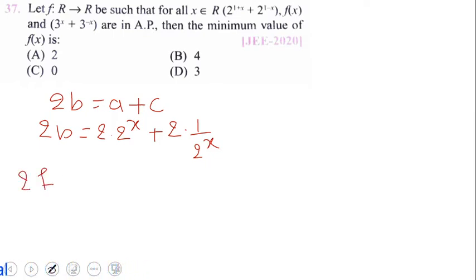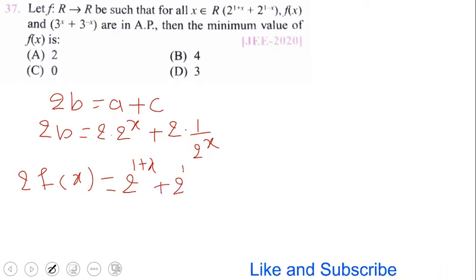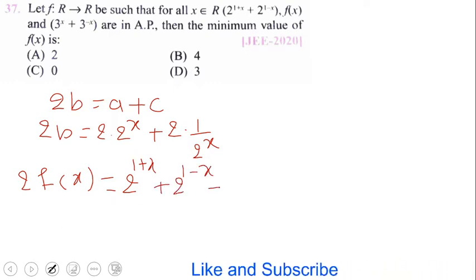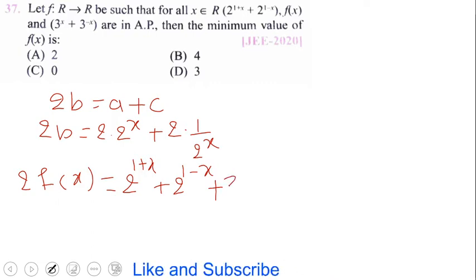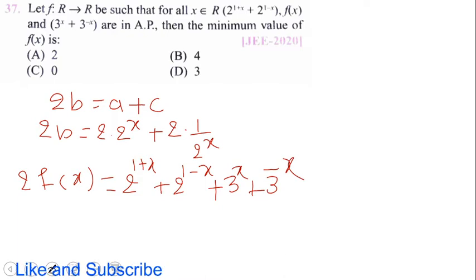So further, the function f(x) equals 2^(1+x) + 2^(1−x) plus 3^x + 3^(−x).